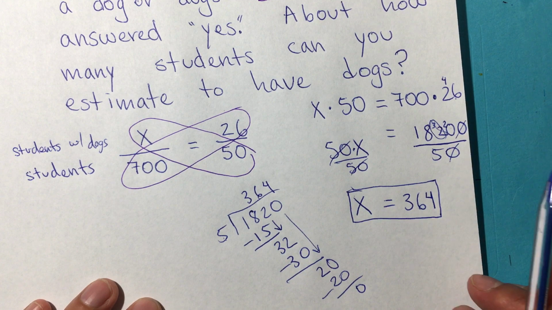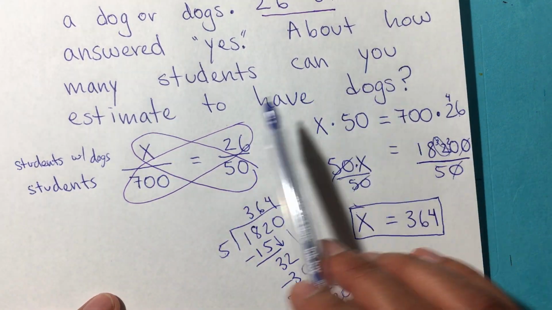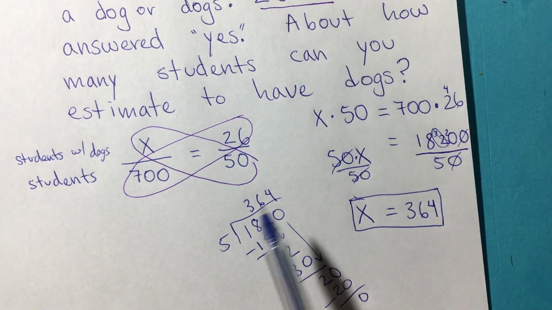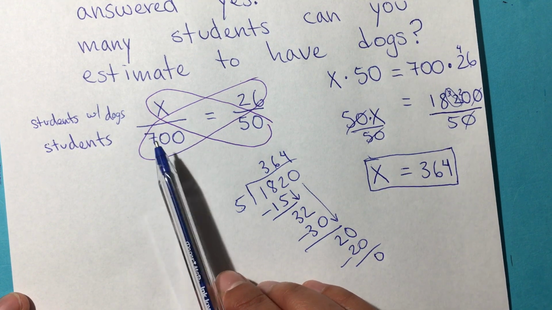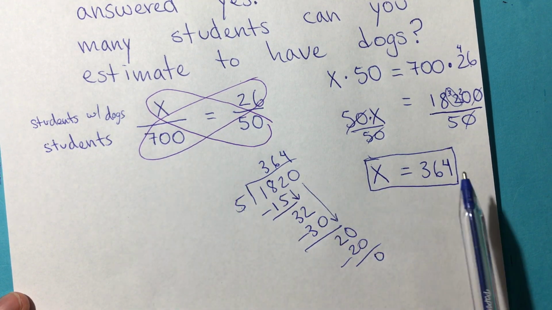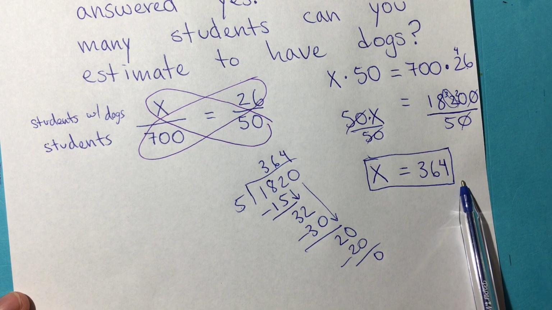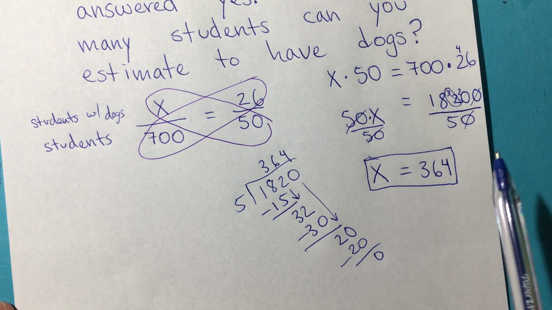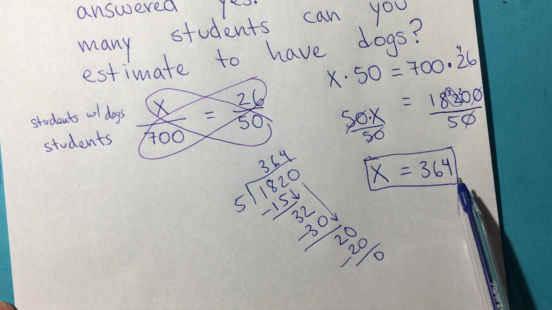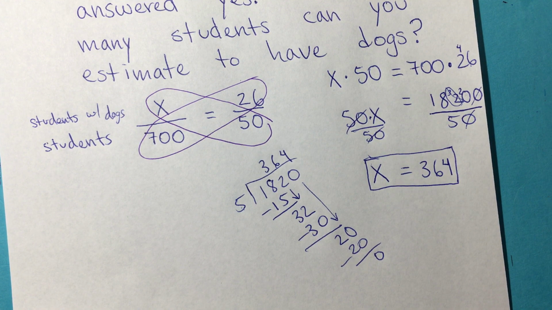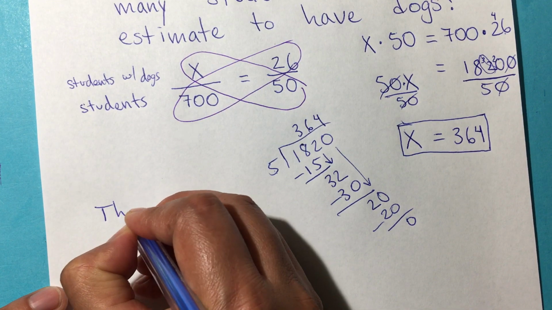Now, what does that answer mean? About how many students can you estimate to have dogs? That means that out of the 700 students, about 364 will have dogs. Again, it's an estimate because we don't know for sure, but at least it gives us a number that's close.